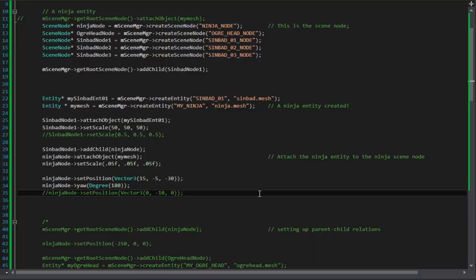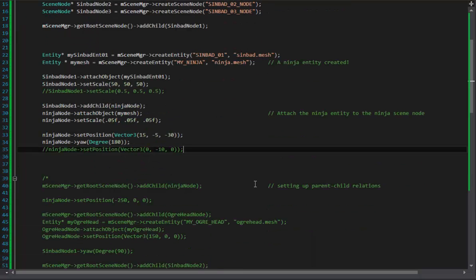All right, so here we are in our code. If you remember, we had created and placed a Ninja node and a Sinbad node, and we made the Ninja node parented to the Sinbad node, and we had the Ninja turn around so that it would be facing the back of the Sinbad.